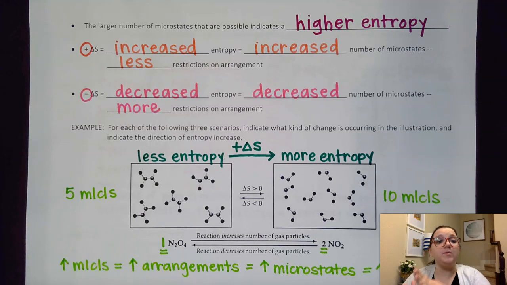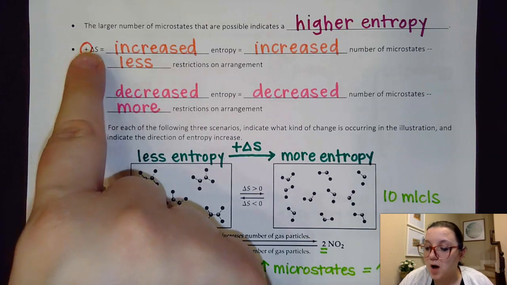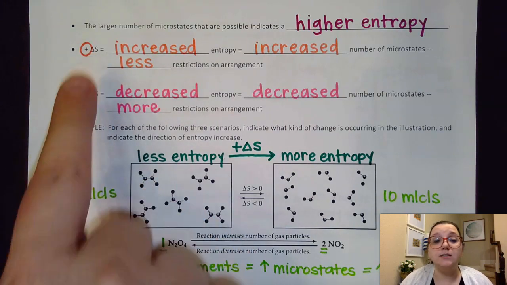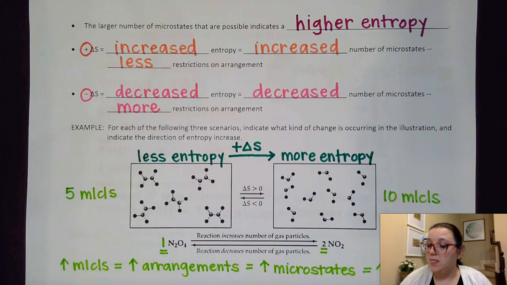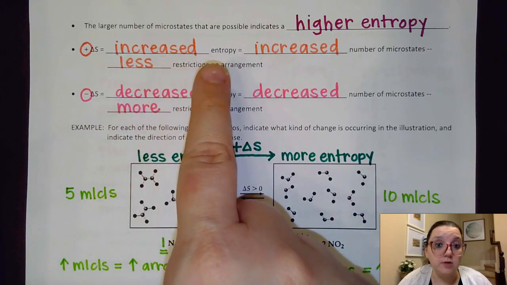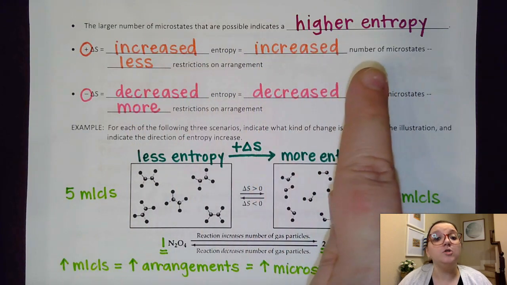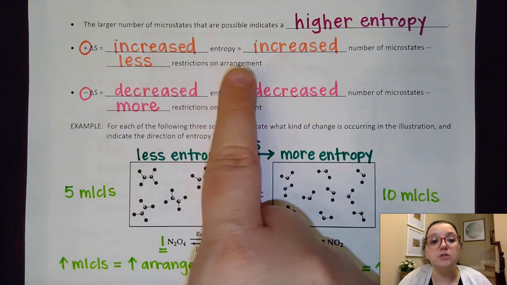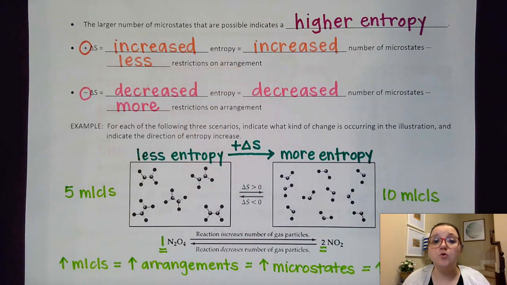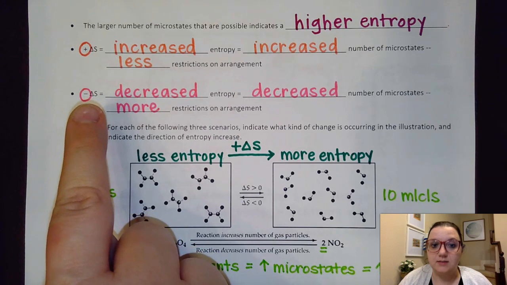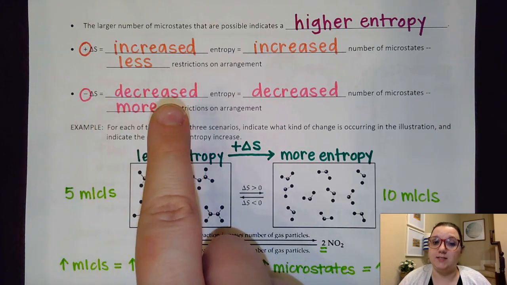So if a particular process has a positive value for delta S, the change in entropy, that means we have an increased amount of entropy, meaning that we had an increased number of microstates, which means there were fewer restrictions on the arrangements, fewer rules, fewer IMFs, a greater number of molecules, all those things that would decrease the amount of restrictions on arrangement.